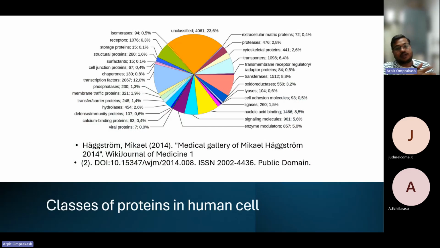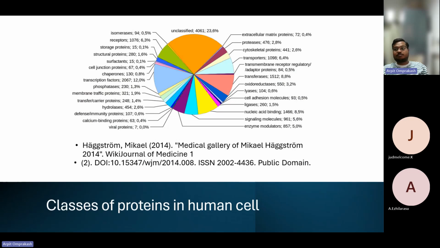Here is another example showing the different classes of proteins present in the human cell. Around 23-24% of these proteins are not classified, but the rest are classified into some class based on the function they provide.